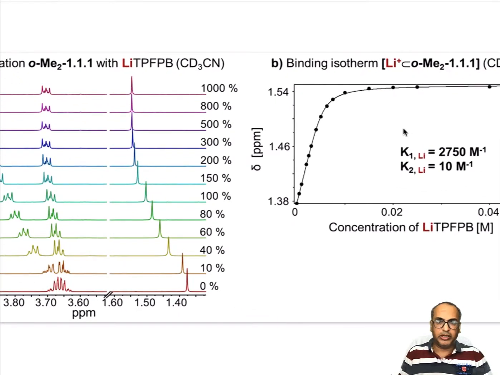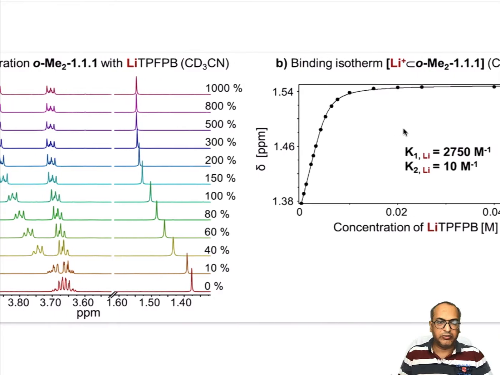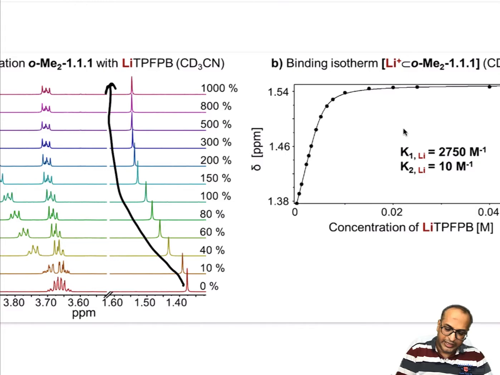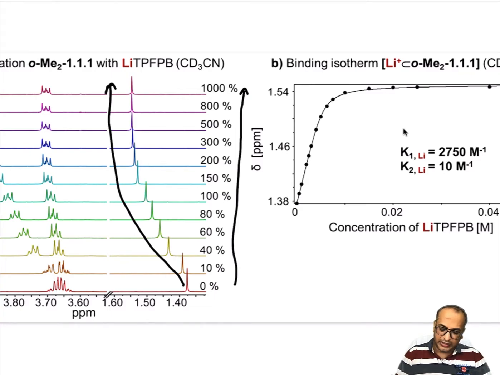Some of the image is actually going out of the spectrum, but we can still see. Now you see that at 0% ligand, the NMR line was appearing here shown in red, and it travels like this and then it saturates, right? As the ligand concentration is increased from bottom to top, there is a systematic change in chemical shift, and that change is saturated when there is no more binding happening, right?